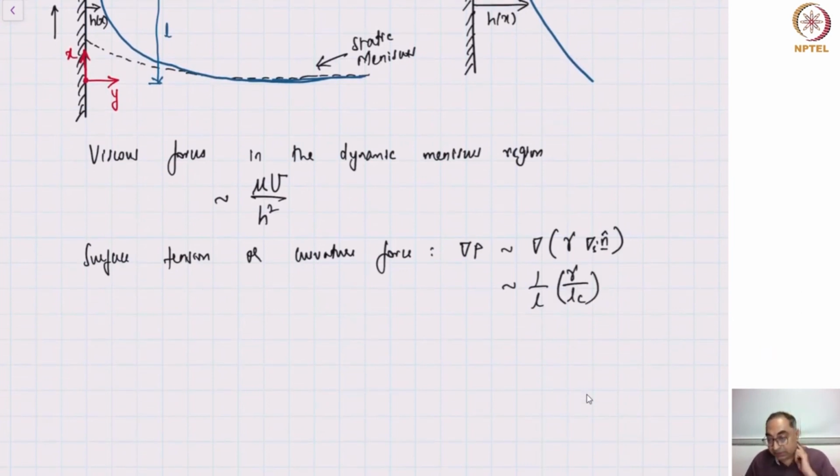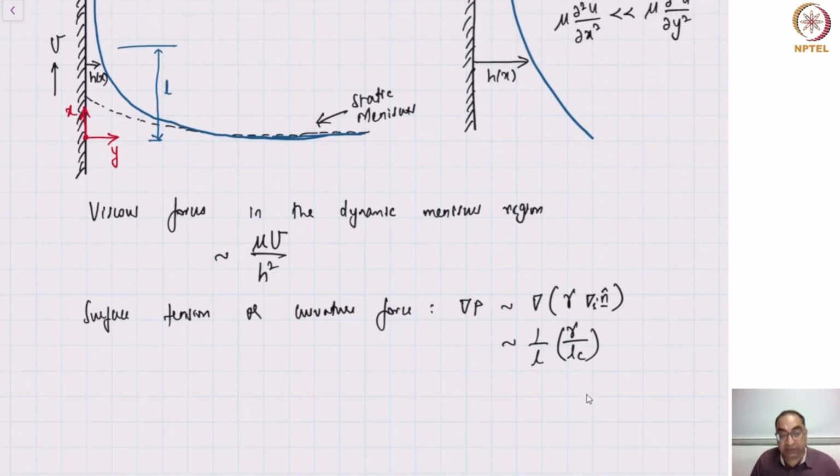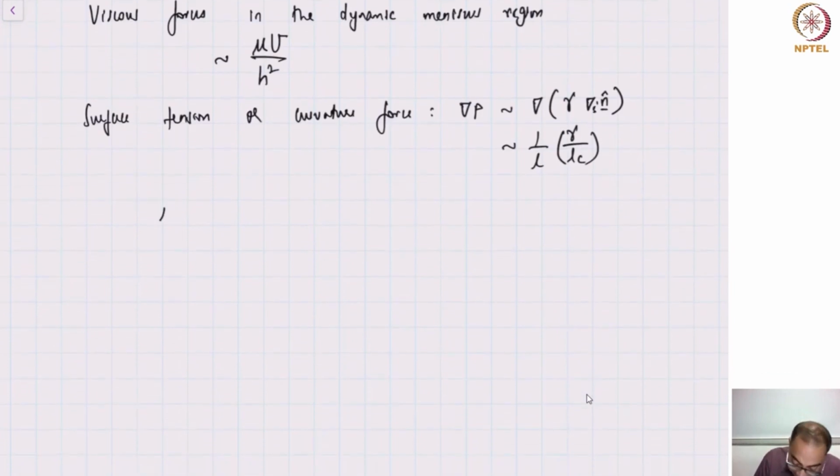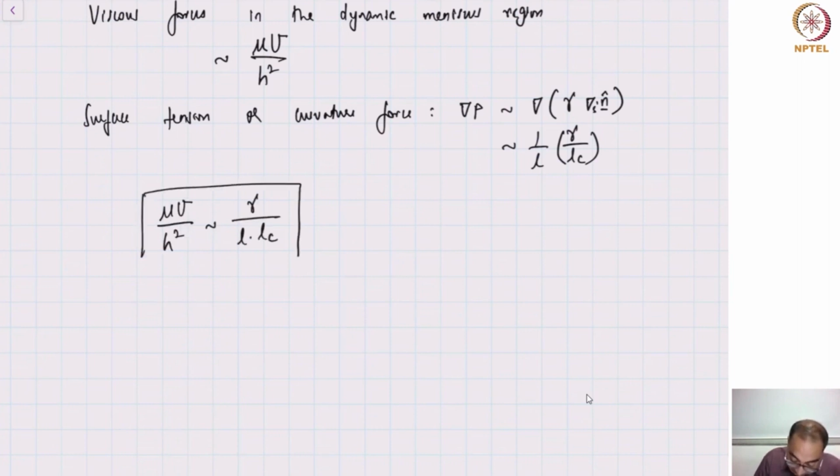That's the typical length scale for the curvature. So the curvature is still dominated by the static meniscus curvature. And so if I balance these two forces in this transition region, I have mu u by h square balancing gamma by L times L_C. This is the first relationship. We'll call it equation 1.